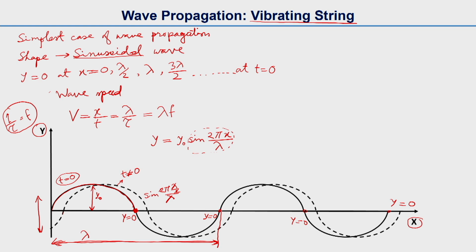Similarly if you talk about x equal to lambda, then again y will be 0. Similarly x equal to 3 lambda by 2, so at these positions y will be equal to 0.